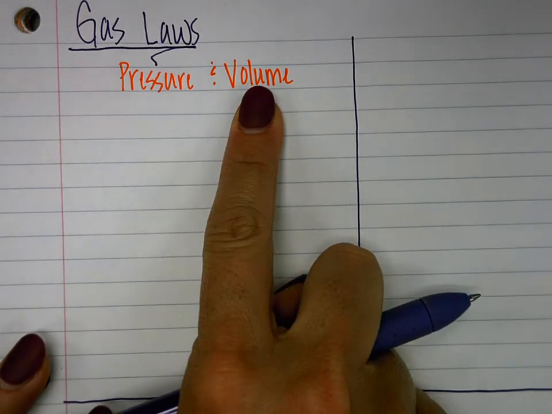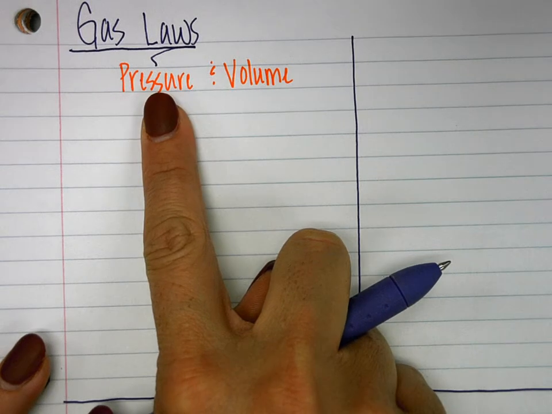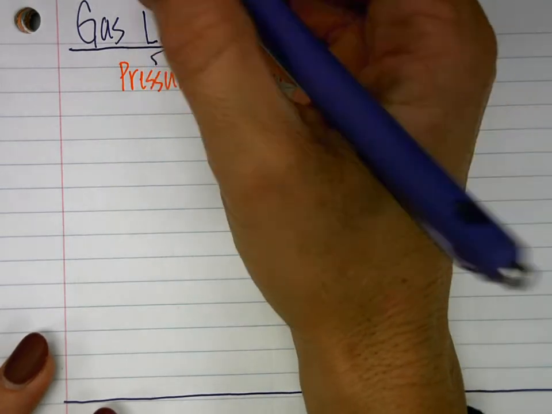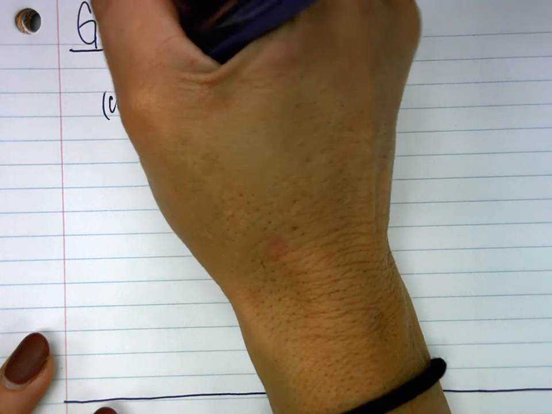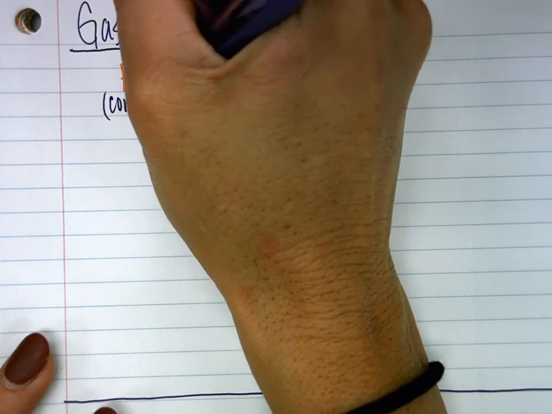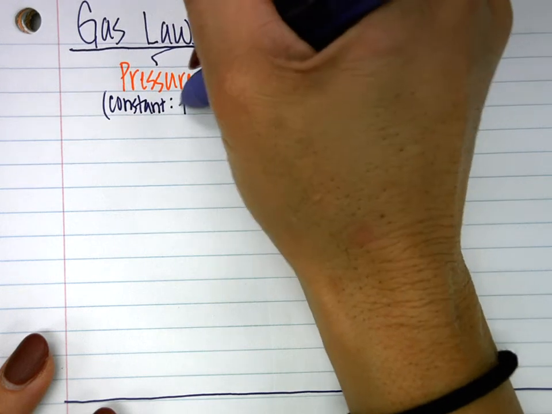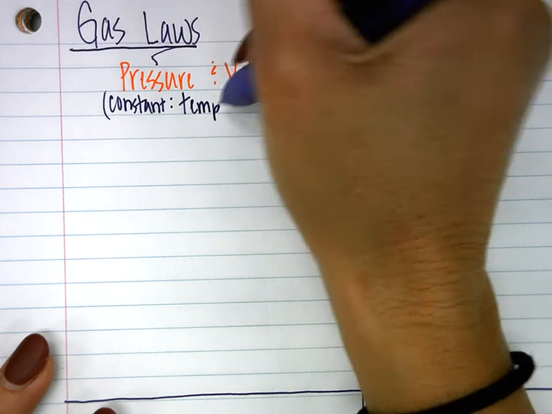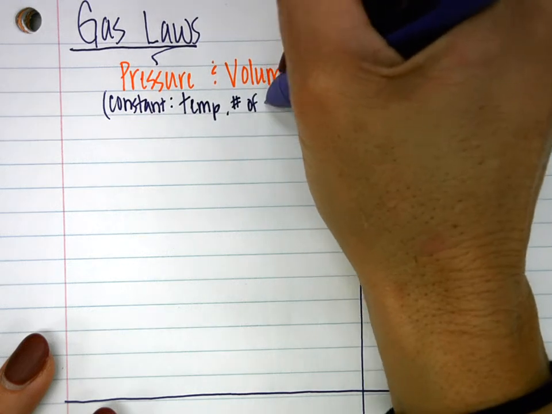We may make the space bigger, so our pressure is going to go down because there's going to be less collisions. And then what's staying constant, so what will be constant and not changing, is going to be the temperature and the number of particles.